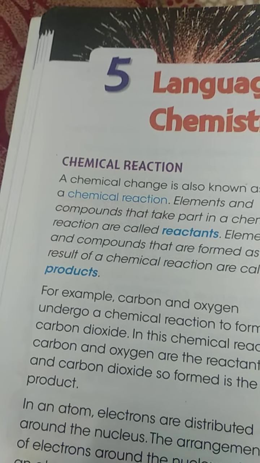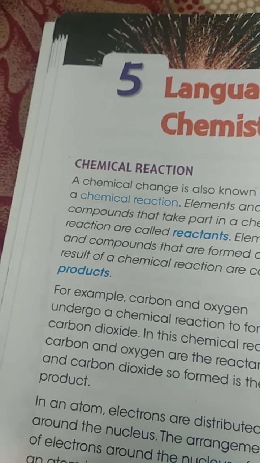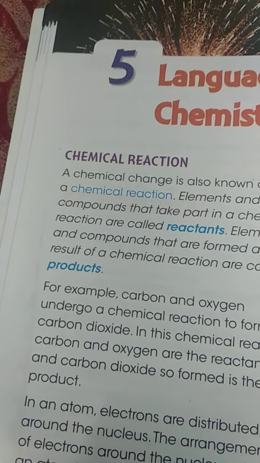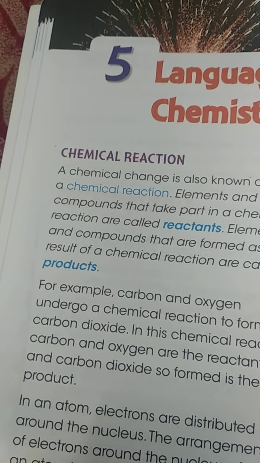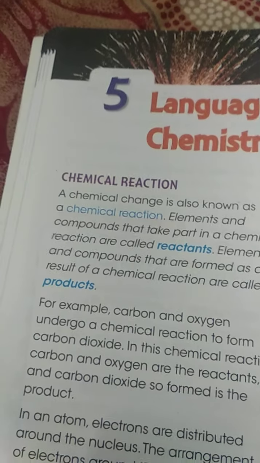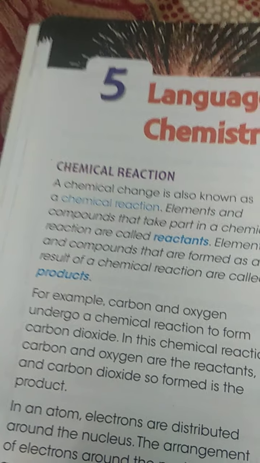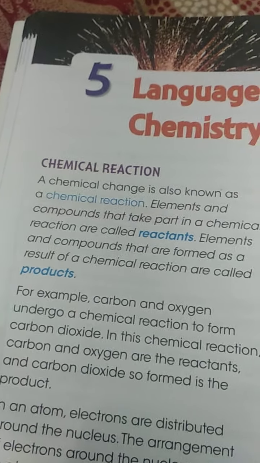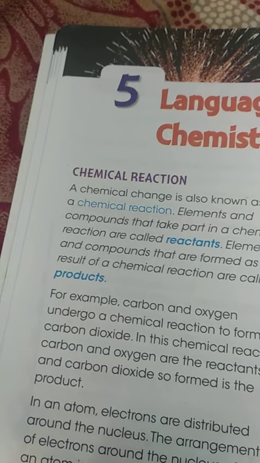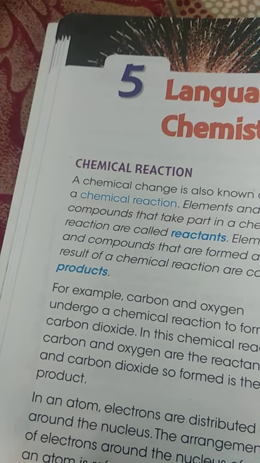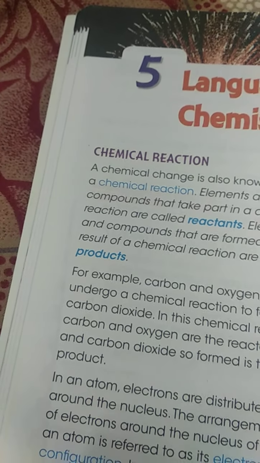Elements and compounds that take part in this chemical reaction are known as reactants, and the element or compound that is formed after this reaction, the result that comes out, is known as the product. So here come the questions: what is a product, what are reactants, and what is a chemical reaction?